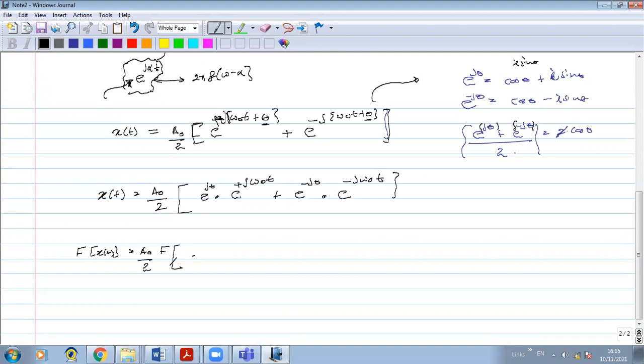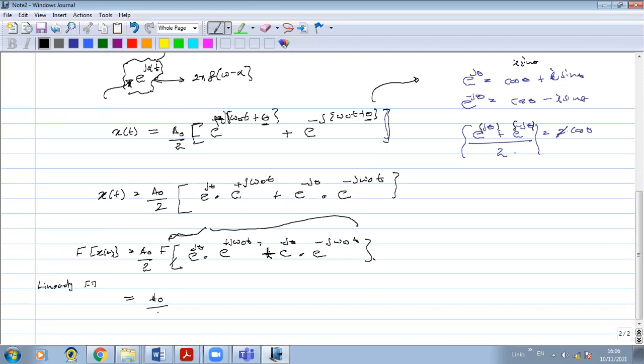Here we have e to the power j theta e to the power j omega naught t, plus e to the power minus j theta e to the power minus j omega naught t. Using the linearity property of the Fourier transform, we can write this separately, since we have a plus.